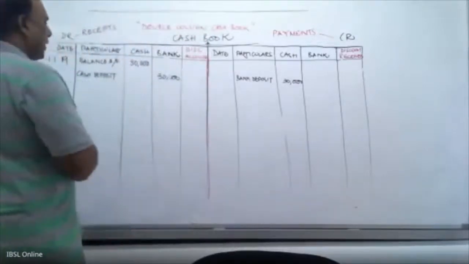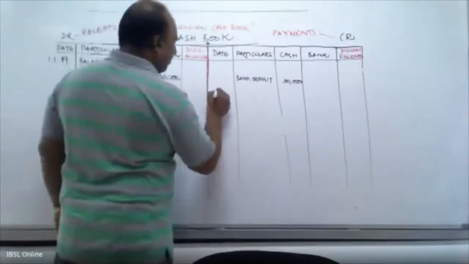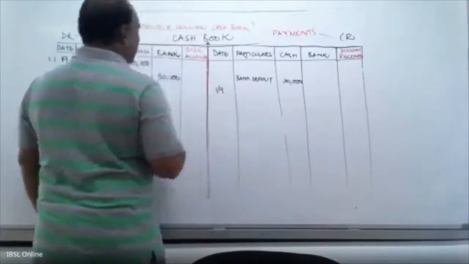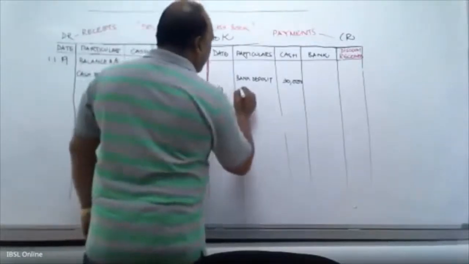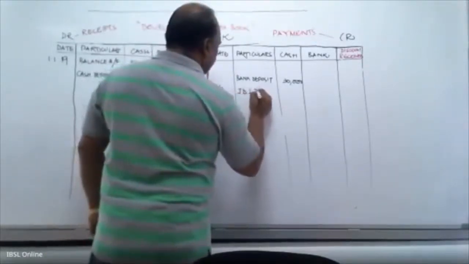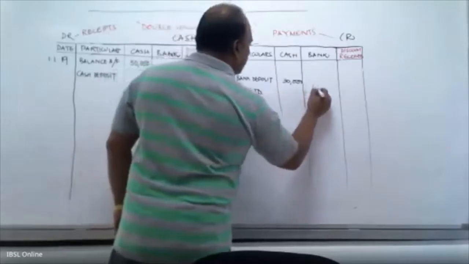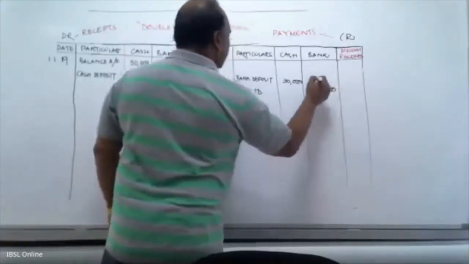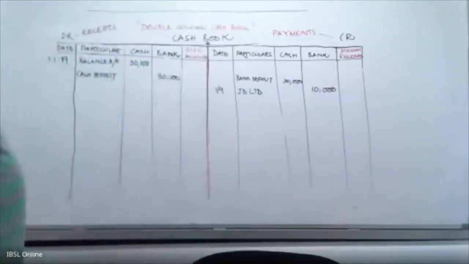So what you do here, on 1st of September, you are paying JD Limited and the amount is 10,000. So this is how you record this transaction.